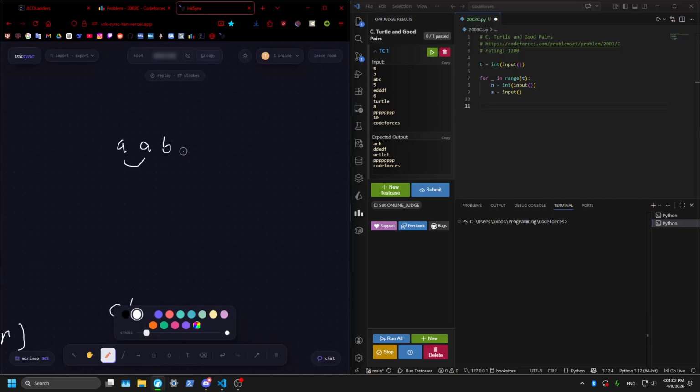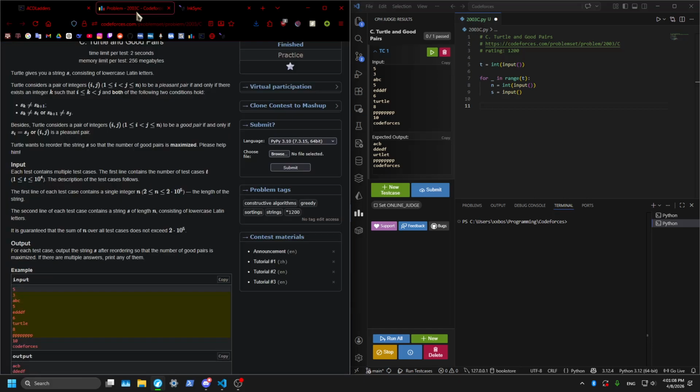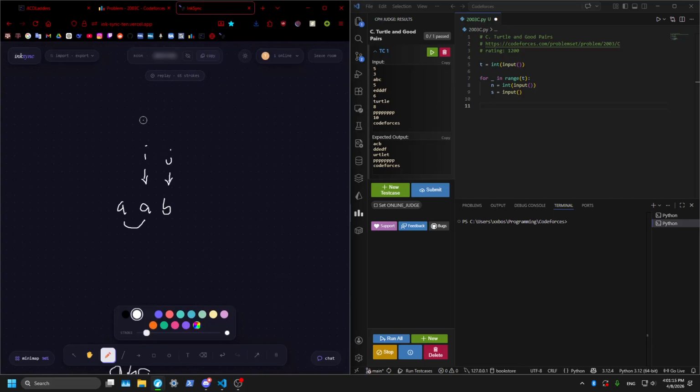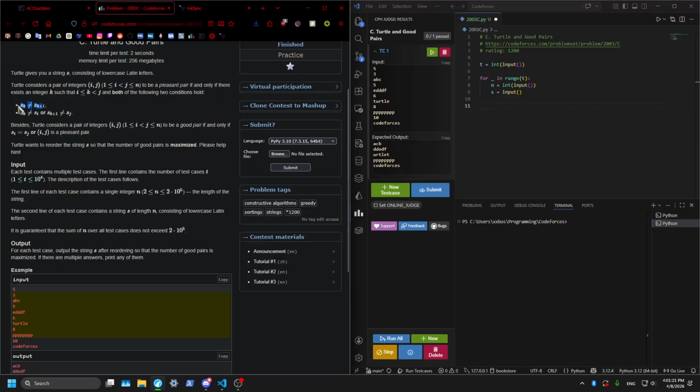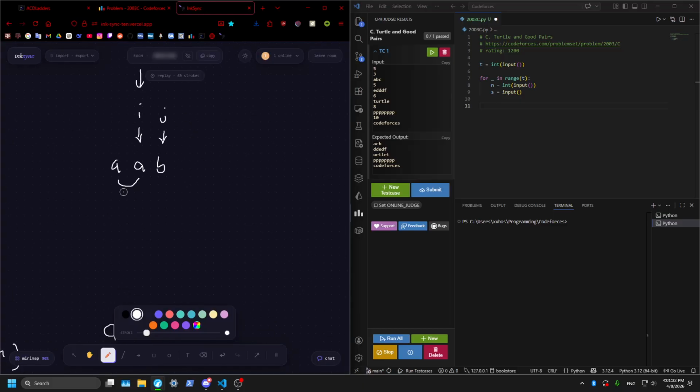Because the only possible i is this, which means this is j. s_k, well, this is also k, right? And s_k doesn't equal this, so this is true. s_k does not equal s_i, though, is not true. So this is not a pleasant pair.